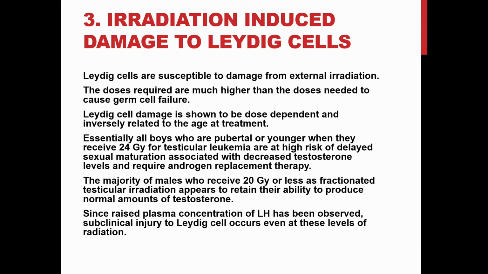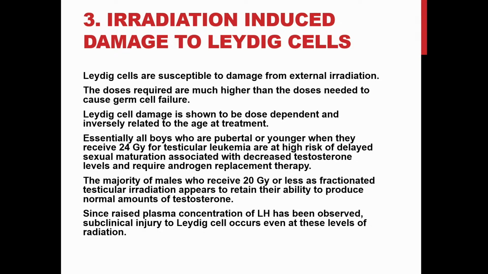So for irradiation-induced damage to Leydig cells, Leydig cells are susceptible to damage, but the doses required are much higher than those needed to cause germ cell failure. And Leydig cell damage has been shown to be dose dependent and inversely related to the age at treatment.